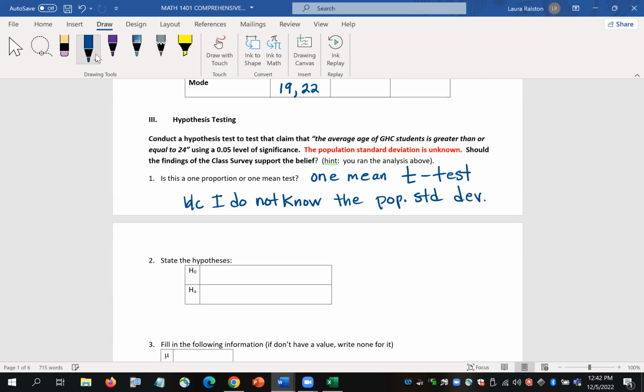Hopefully you can see the nice bold red print that says the population standard deviation is unknown. And so I know that I need to do the t-test. It is a mean. One of the ways I know it's the mean is it does talk about average, which is a synonym for mean.